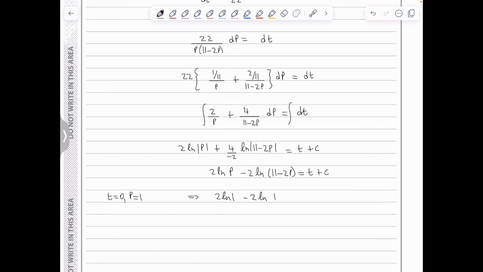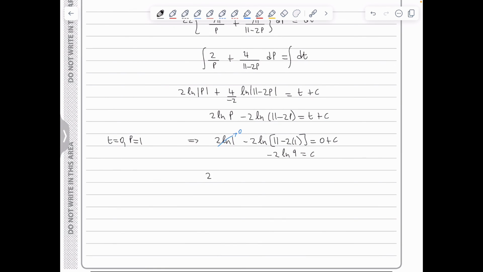So 2 ln 1 minus 2 ln of (11 − 2 × 1) is equal to 0 plus c. Well, ln of 1 is 0, so we get −2 ln of 9 is equal to c, and therefore the model here is of the form 2 ln p minus 2 ln of (11 − 2p) is equal to t minus 2 ln 9.